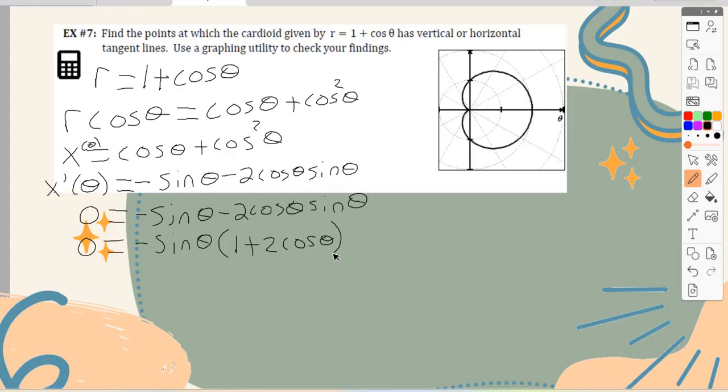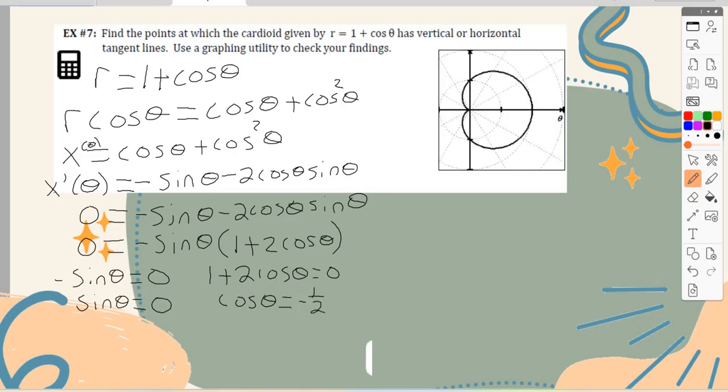So then remember, once I have it factored, I can set each of my factors equal to 0 separately. So I'm looking at negative sine of theta equals 0, which is just really where sine of theta equals 0, and where 1 plus 2 cosine of theta equals 0, or in other words, where cosine of theta is negative 1/2.